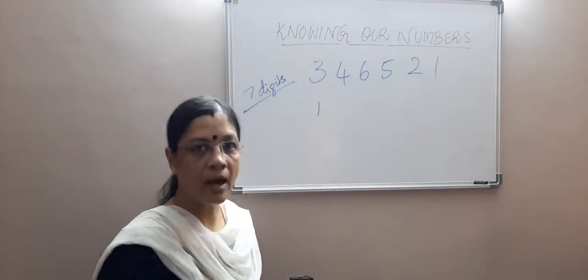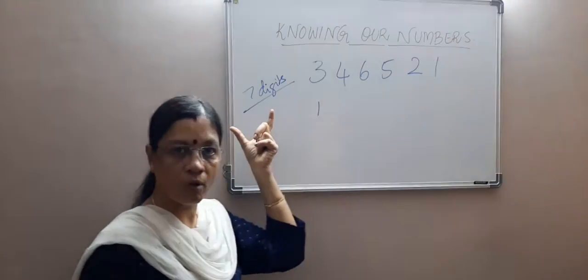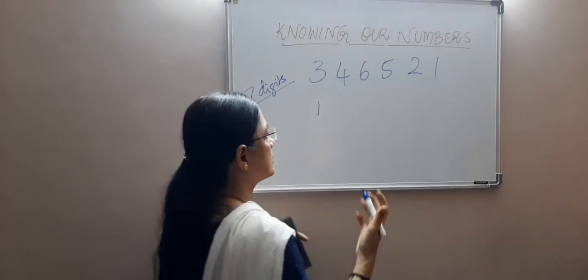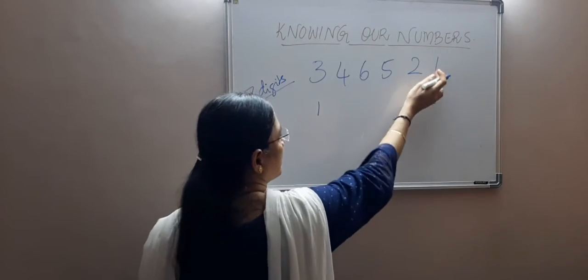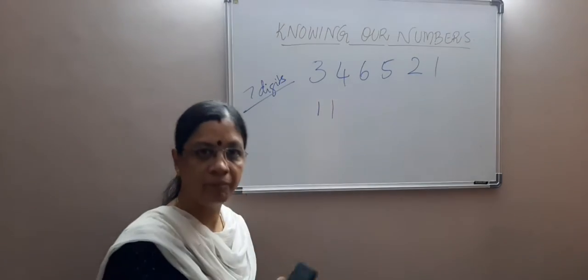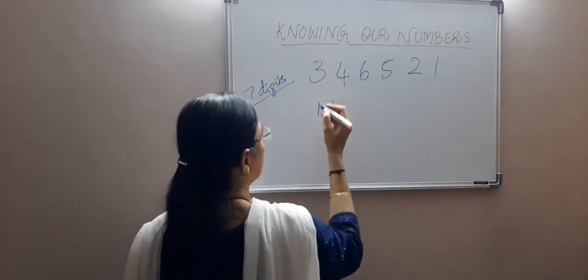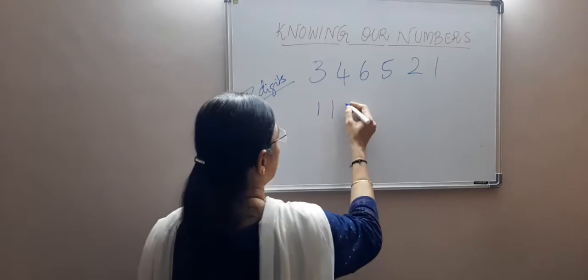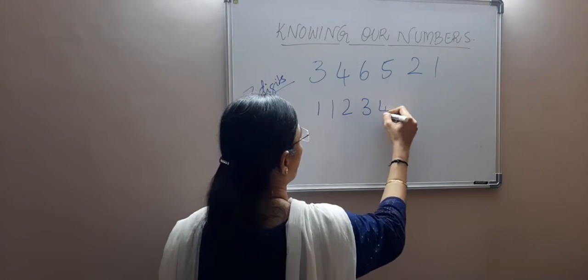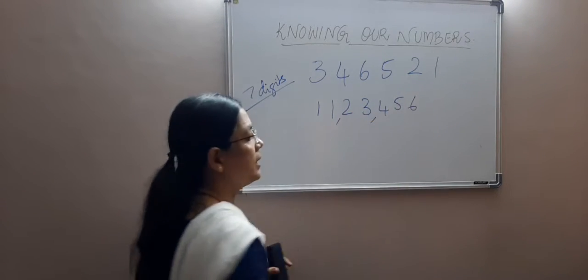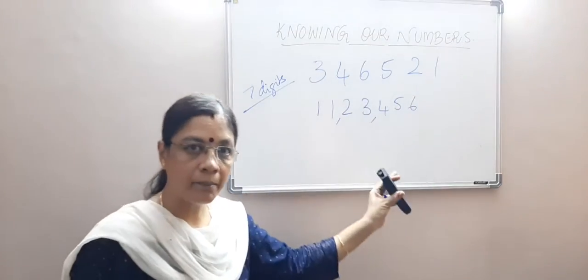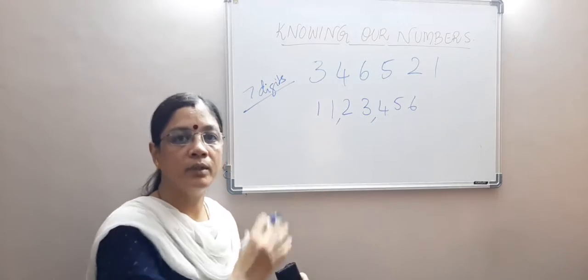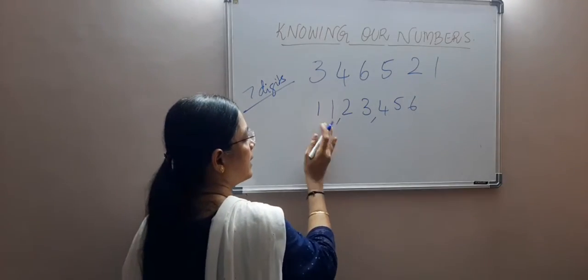But since I have only 6 digits, and I need to form a number with 7 digits, I can repeat a digit. So to build the smallest number, I need to repeat the smallest digit again. So 1, 1, 2, 3, 4, 5, 6. So this will be my smallest 7-digit number with the given 6 digits.